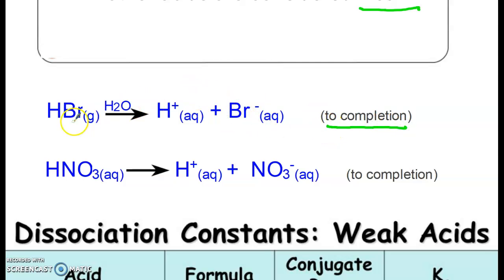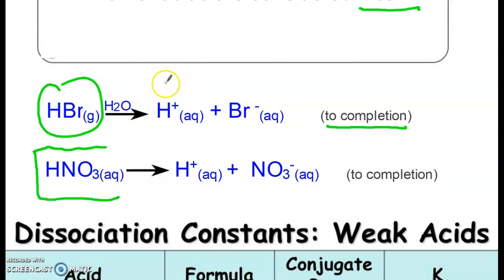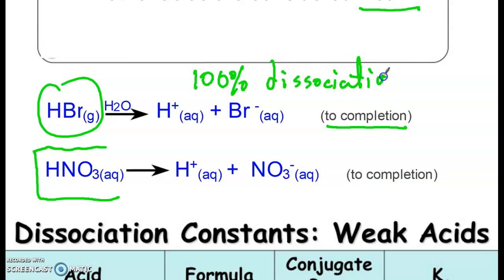That means that when this is in water, hydrogen bromide, or here's nitric acid, when it's in water, there are no reactants. This doesn't exist. It exists 100% as the products. Strong acids have 100% dissociation, or very close to it. Okay.